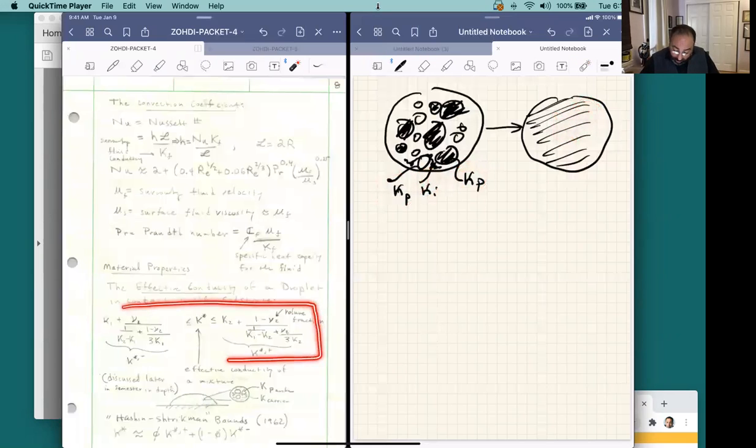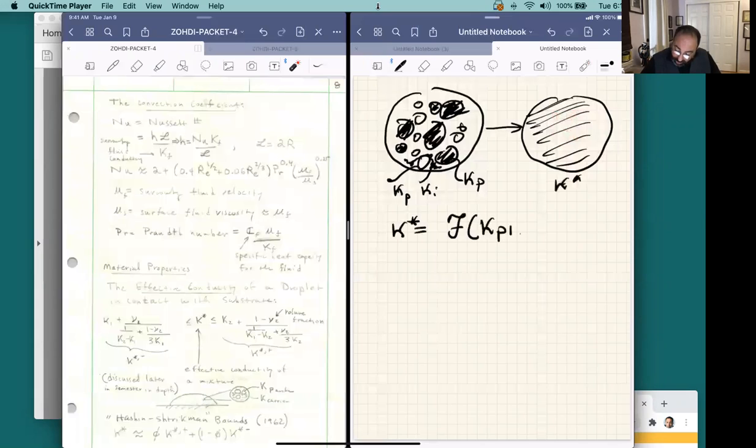So what effective medium theories basically do is say, if you need to get an overall parameter, like the effective conductivity of this blob of materials, let's say it's a function of the particles of the first kind, the second kind, the third kind, the fourth kind, and they come up with all of these different rules called mixture rules.